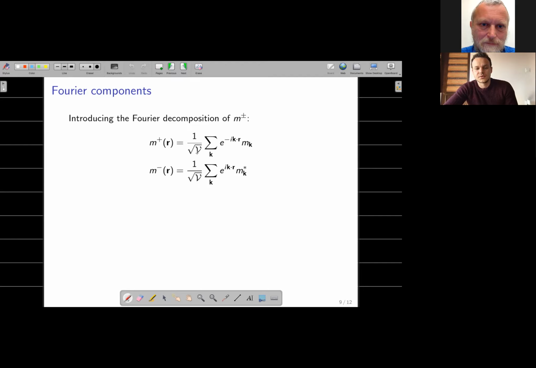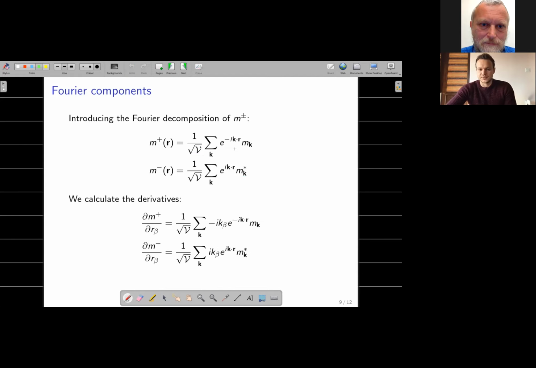We have some volume here, and the sum over all modes. Here, mk and mk star now are just coefficients still. Okay, the r dependence is taken into the exponential, and our next step would be to introduce those decompositions into the Hamiltonian we have just found.